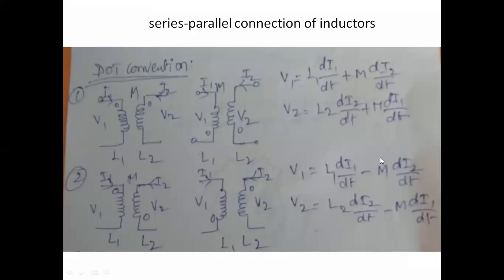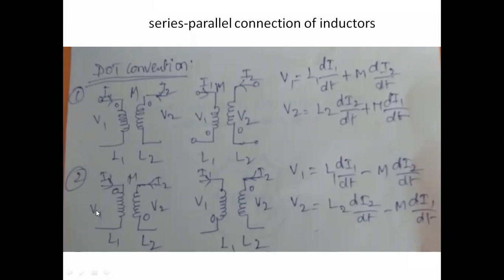Coming to the second case, one dot is on the upper side and the dot for the second coil is on the downside. So it is just the opposite, a cross type of representation. In such a situation the mutual inductance becomes negative.